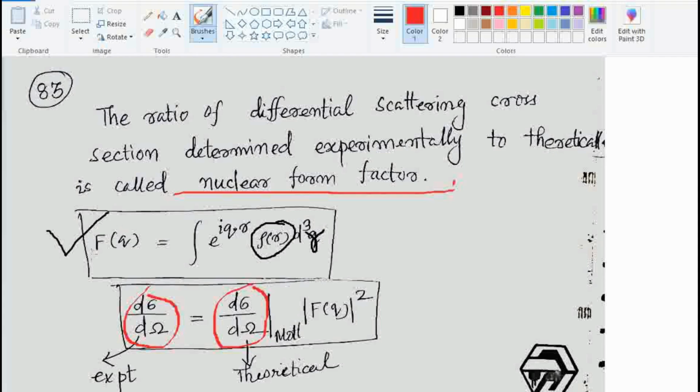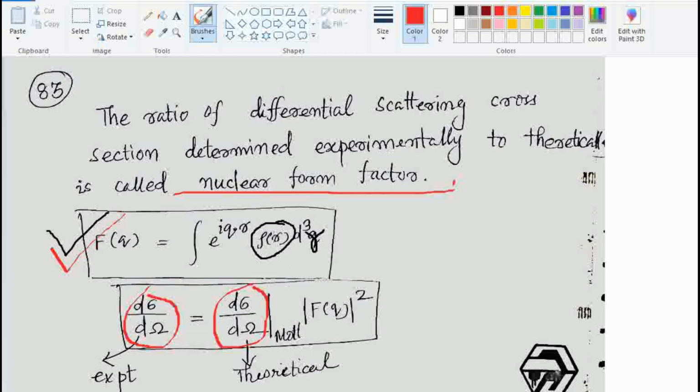Now you just see this equation F(q), where q is the change in momentum in that experiment. Like if you apply electrons on that nucleus, for that electron, what is the change in momentum? That is q. So this is the integration of e to the power i q dot r, rho(r) d^3r.